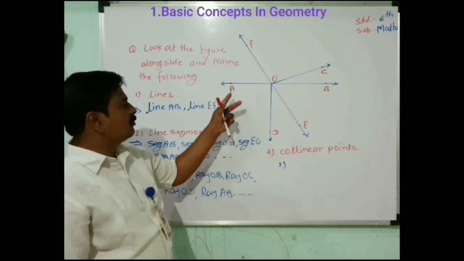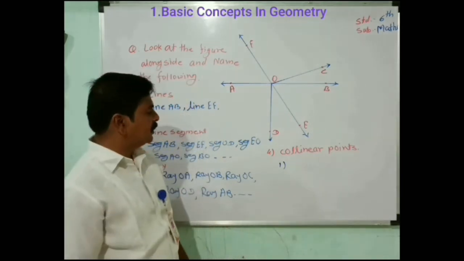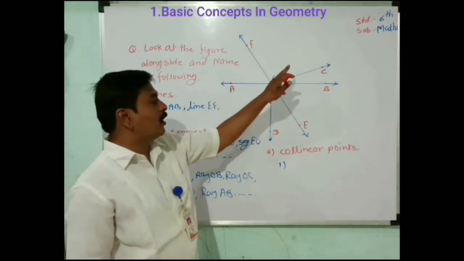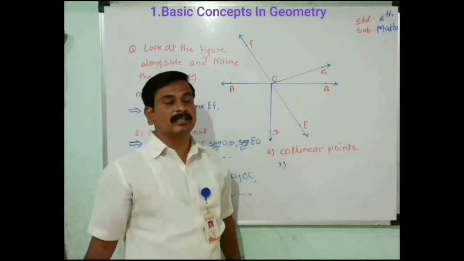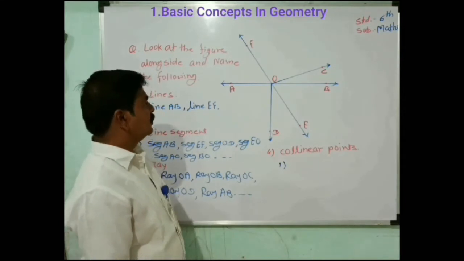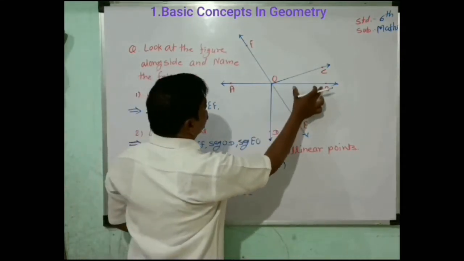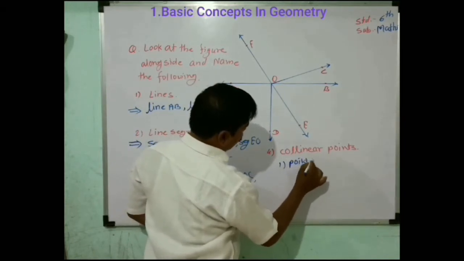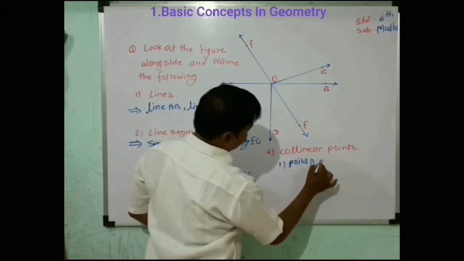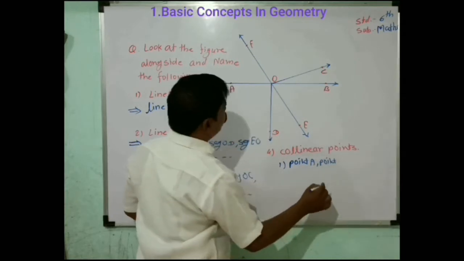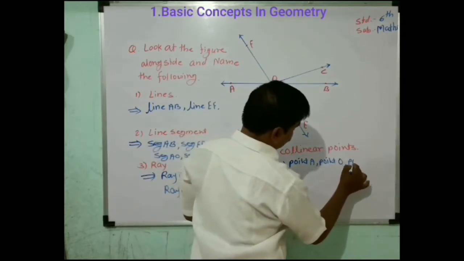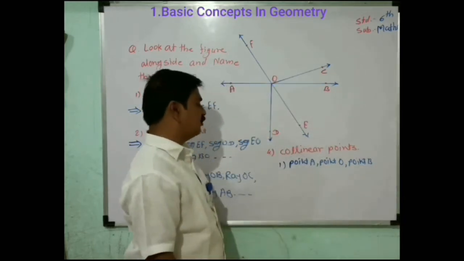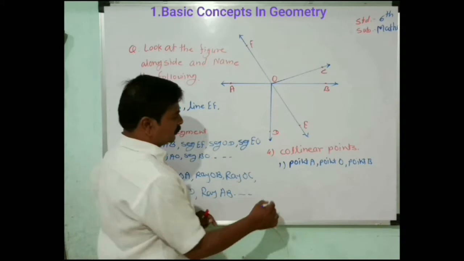Now from the diagram, observe carefully and write names of collinear points. Here point A, point O and point B lie on a single line. So this group of 3 points, point A, point O and point B, is one group of collinear points.